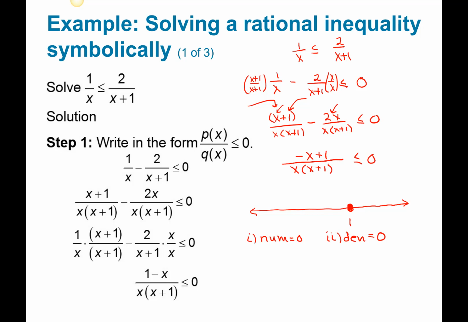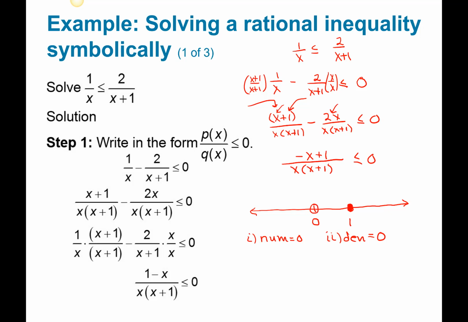Now let's look at the denominator. What is one value where the x will cause the denominator to equal 0? 0. Okay, so we'll put 0 down on this number line. Are we allowed to actually let x equal 0? No, because that'll give us a 0 in the denominator, won't it? Which is a problem.